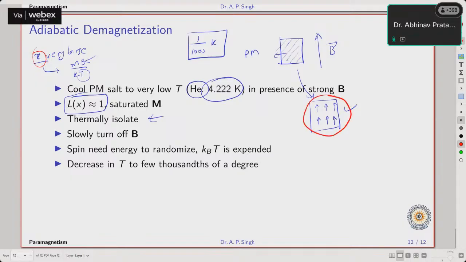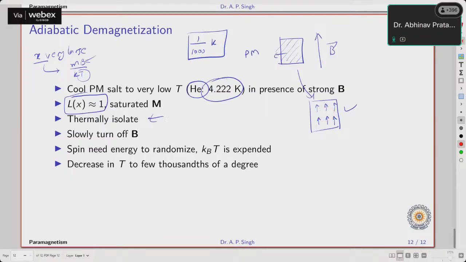The value of x decreasing means this order will try to randomize. Everything will try to become random. And to randomize things, it requires some heat, because some heat is always required to randomize the system. From where will that heat come? It will come from the sample that you have placed inside it.